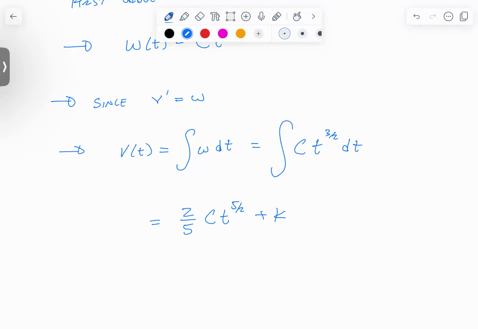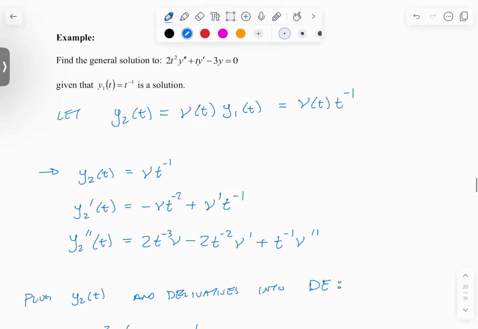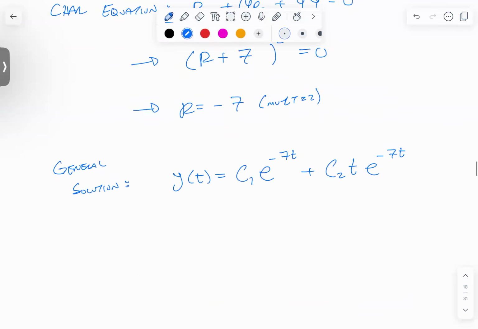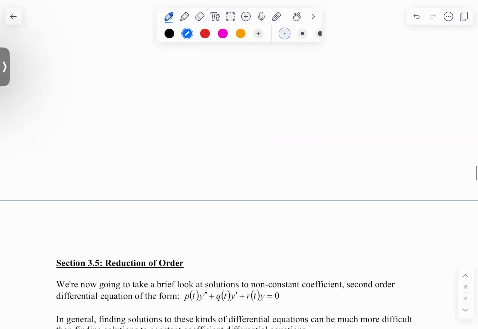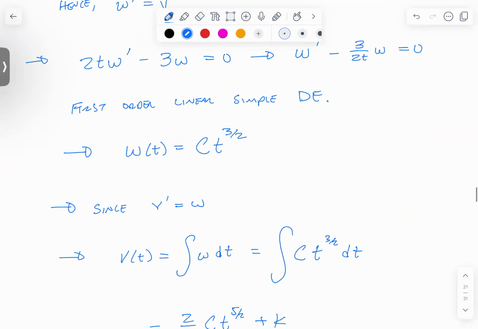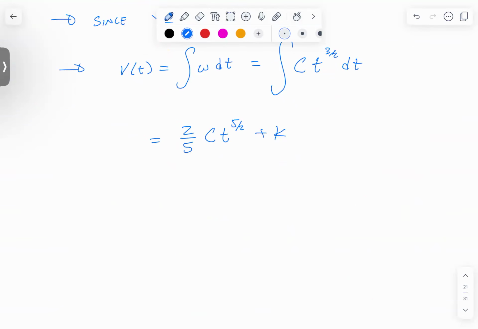I'm integrating, so now I have C and K. Remember the principle of superposition. This is just one of them. But what is in the equation already? C1 and C2, constants. So we already have our constants really taken care of, which means in this guy, I can dump these constants away.